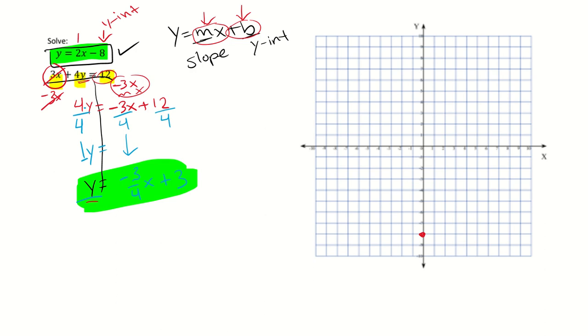And then the number next to the x is your slope. Ideally, you want to look at it as rise over run, a fraction. If it's a whole number, you put it over 1. So that means you're going to rise 2 and run 1. This is where your next point is, your next ordered pair.